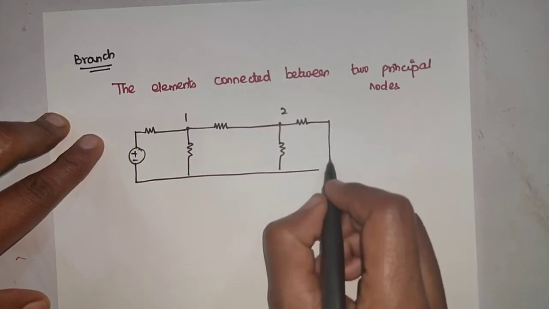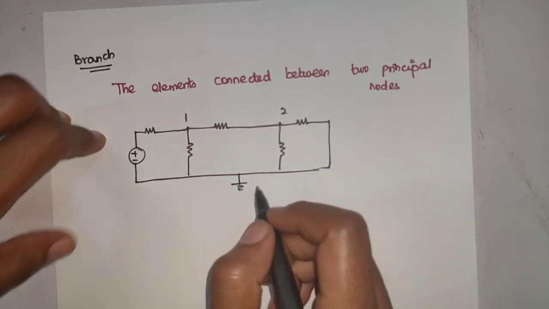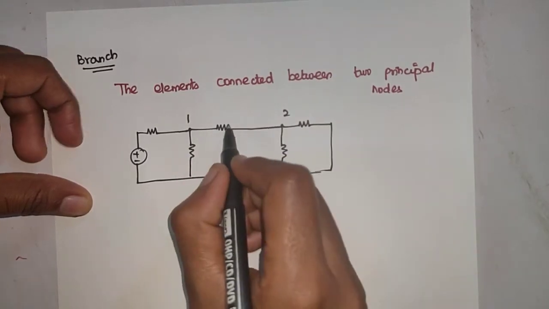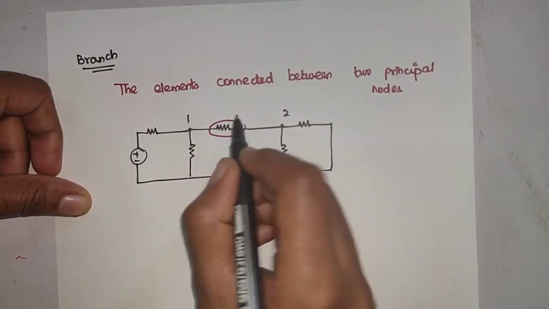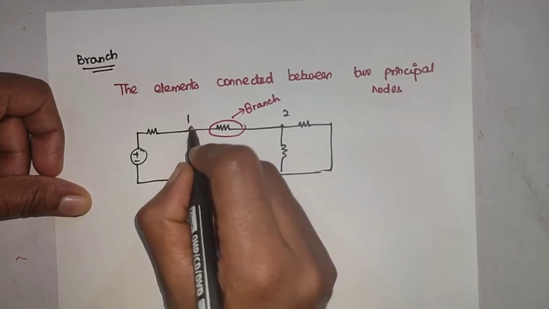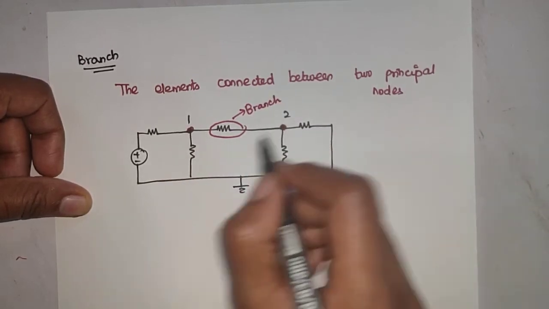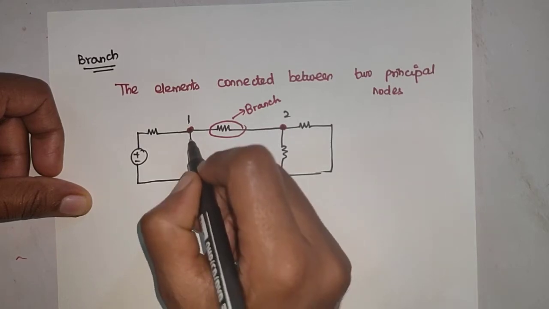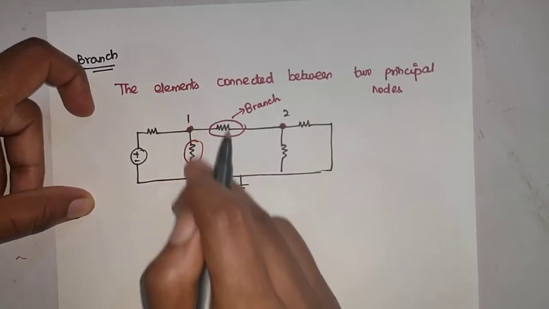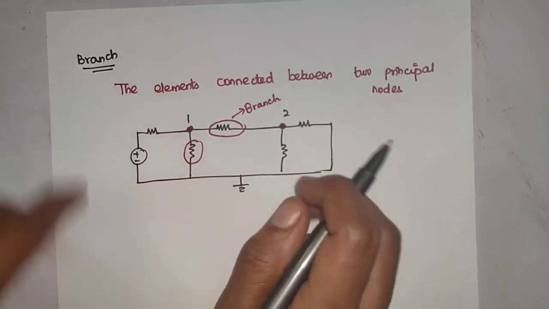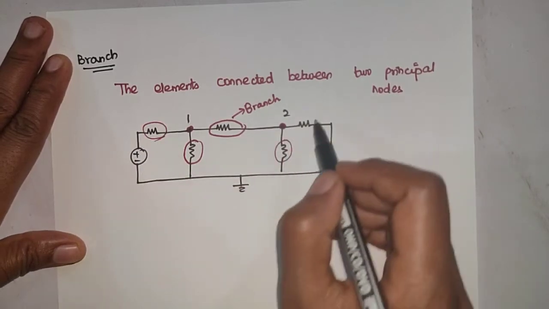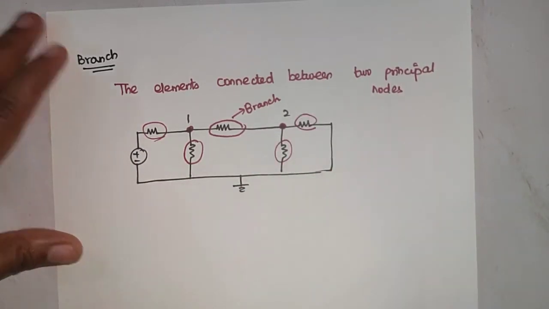Consider this example. This resistor is called branch. The component which is connected between the nodes is called branches. This is the branch, this is considered as branch.